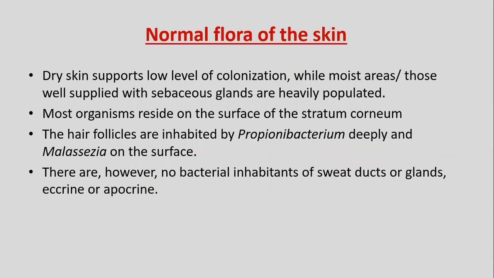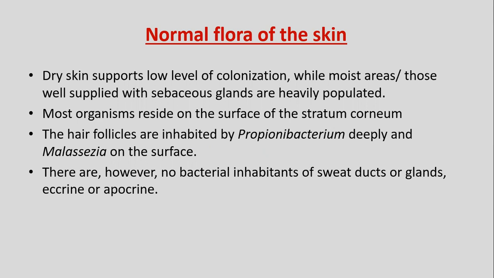Normal flora of the skin. The dry skin supports low level of colonization, whereas moist areas, especially those which are supplied with sebaceous glands, are heavily populated with normal bacterial flora. Most organisms reside on the surface of stratum corneum. The hair follicles are inhabited by Propionibacterium deeply and Malassezia on the surface.